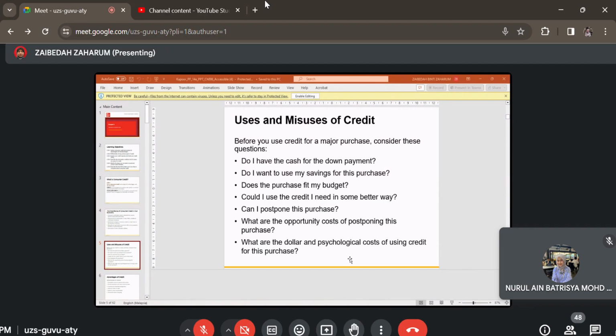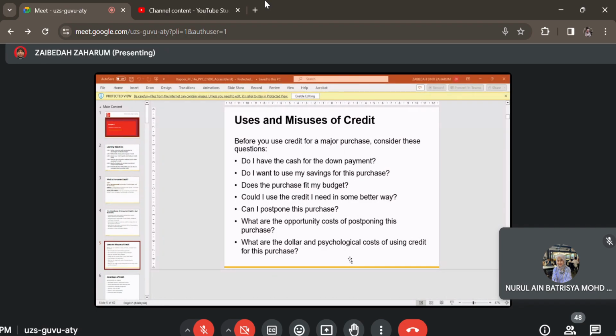Okay, mungkin, okay, ada berlakunya perubahan dalam harga. Okay, mungkin dari segi availability of the product yang kita nak beli tadi tu, ataupun potential improvement in their quality of life. So this is apa opportunity cost bila kita postpone kita punya pembelian tadi.